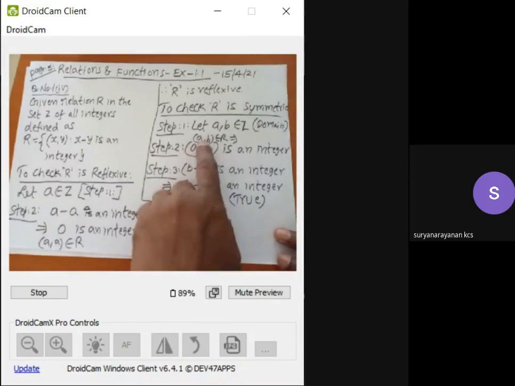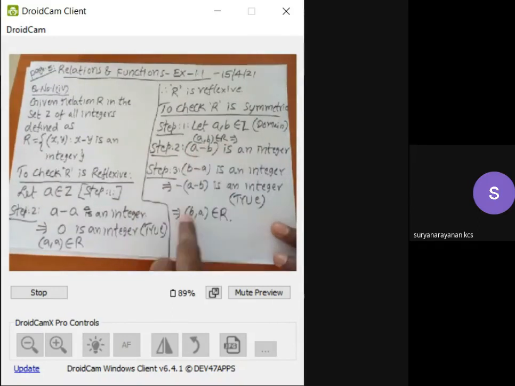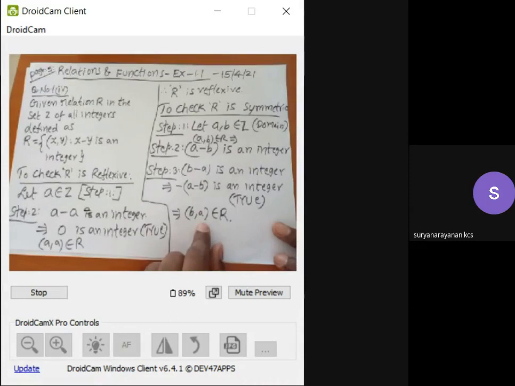We have chosen an ordered pair a comma b in the relation R. Then its reverse ordered pair b comma a is also in the relation R, meaning the relation between b and a also satisfies the same relation. Understood, my children?